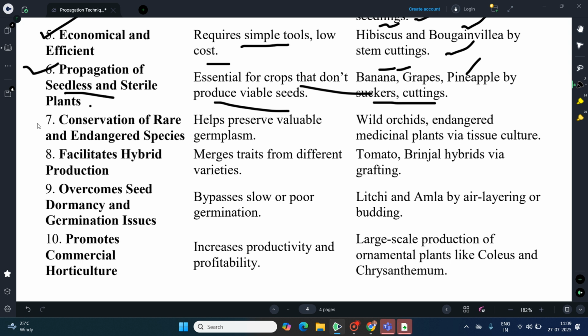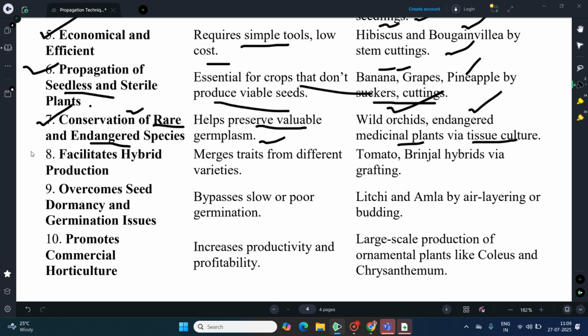The seventh importance of vegetative propagation is conservation of rare and endangered species. That means it helps to preserve valuable germplasm. Examples, wild orchids and endangered medicinal plants via tissue culture method.